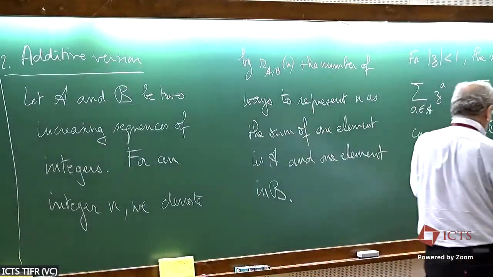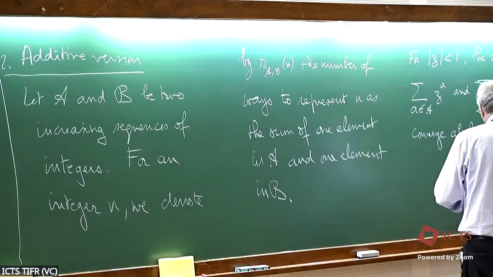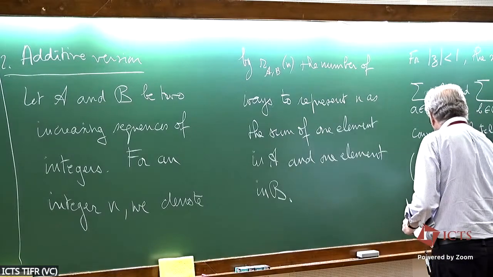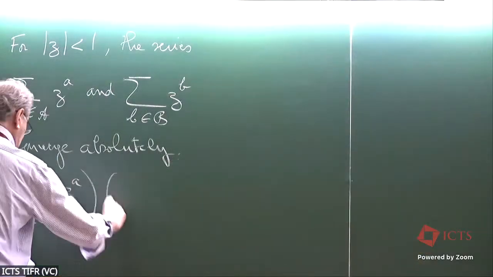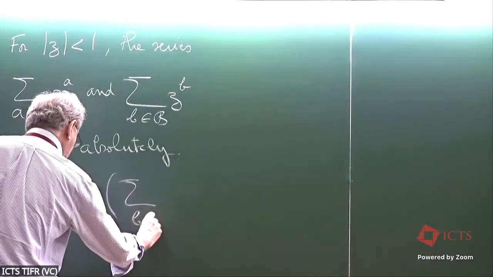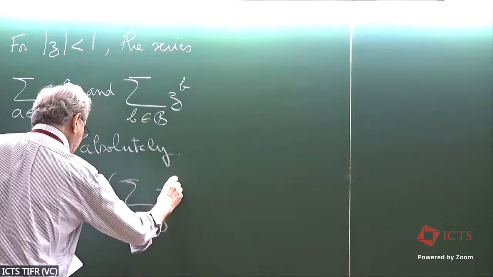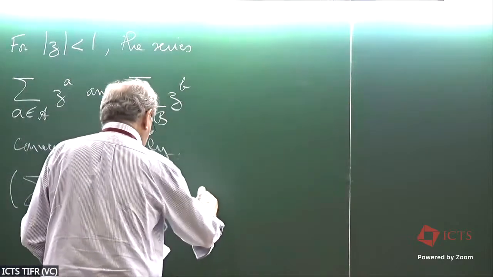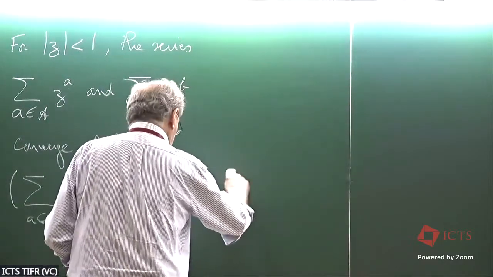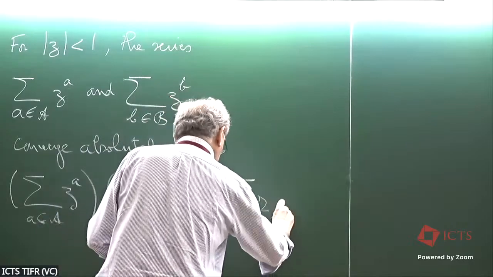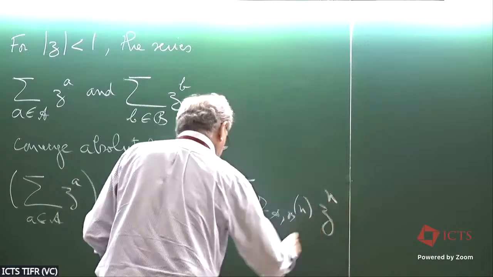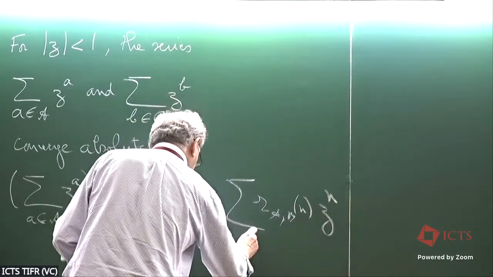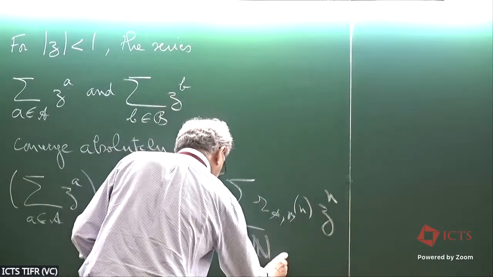When you write the product, sum over a in A of z^a times sum over b in B of z^b, what you get is the sum of R_AB(n) z^n.